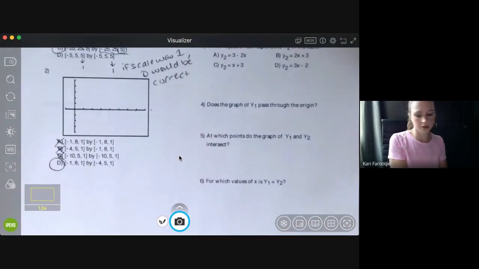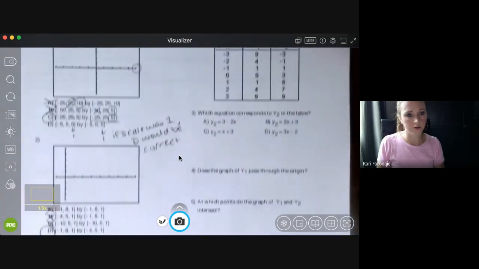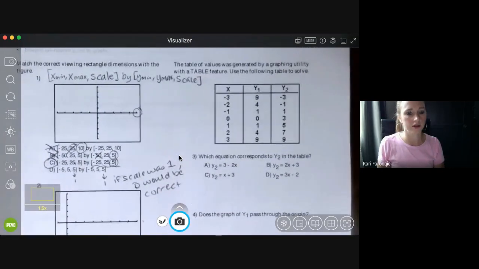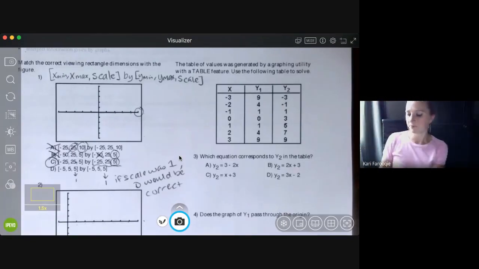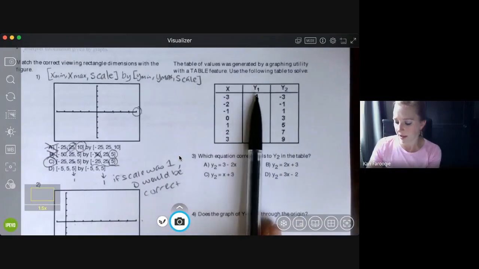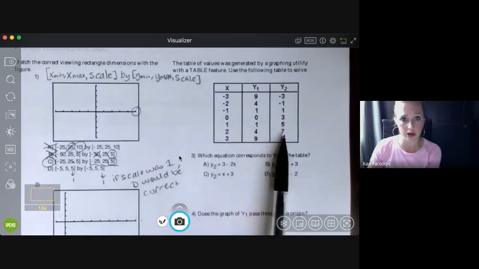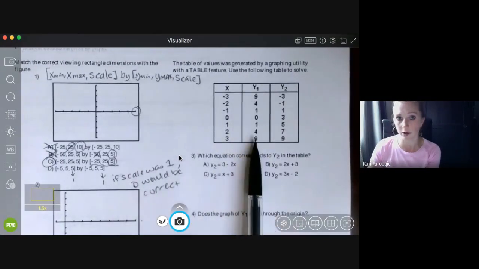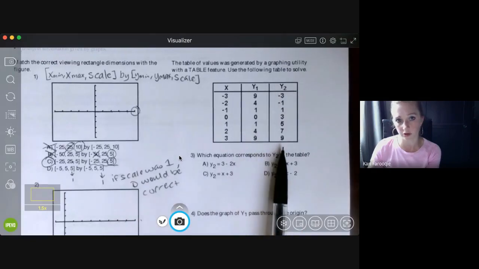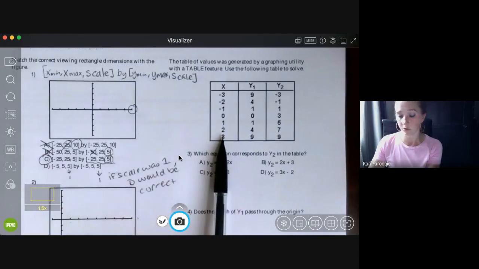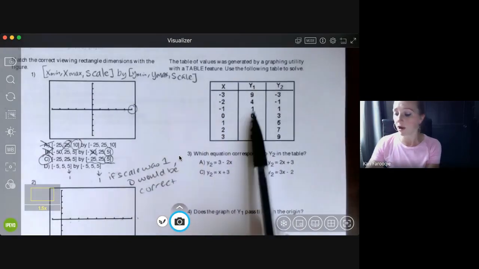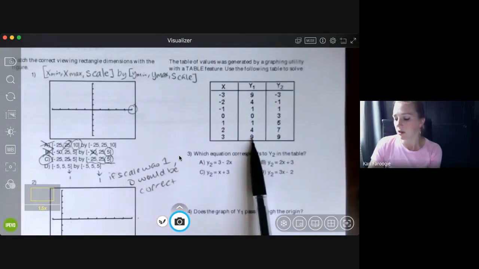All right. The other thing I want to do here is just interpret information out of a graphing calculator table. So what you're seeing here with this table of values is you actually had 2 different functions being graphed. One of the functions was y1 and the other function was y2. Remember that a function sort of works like a machine. You have an input that's going into the function, and then the y value is the output.